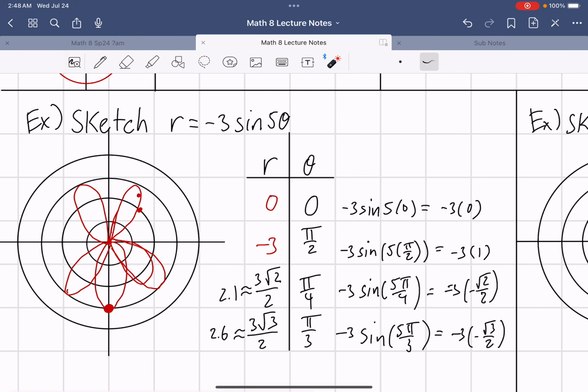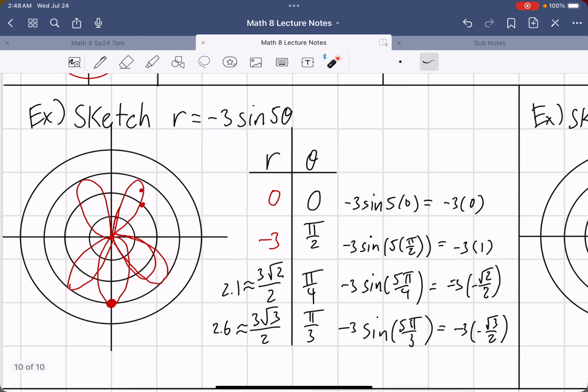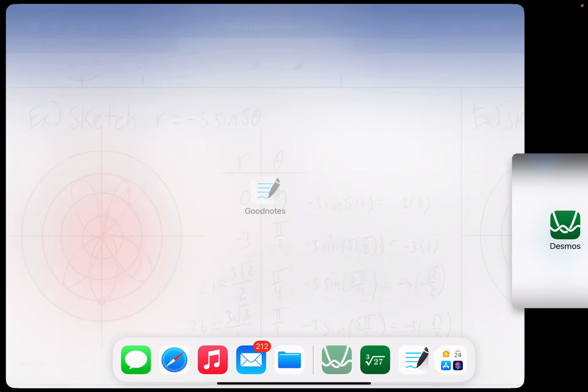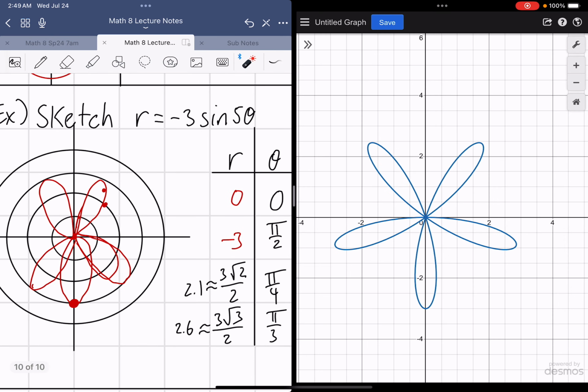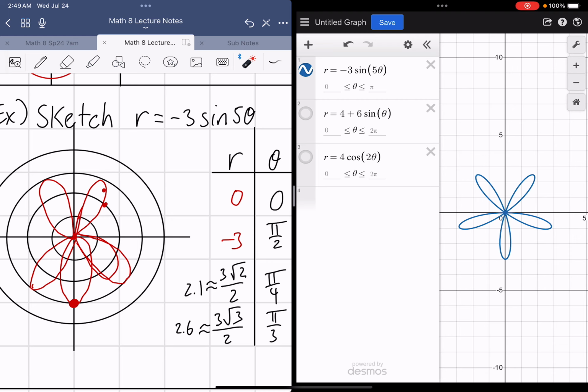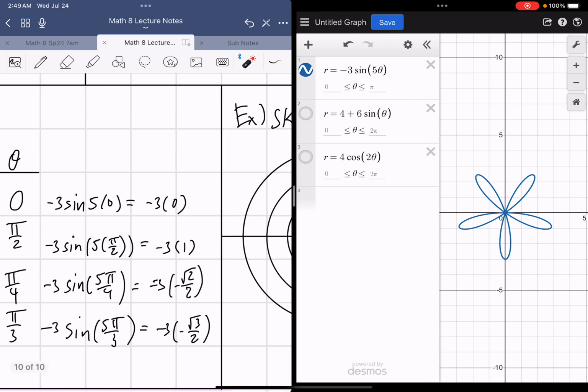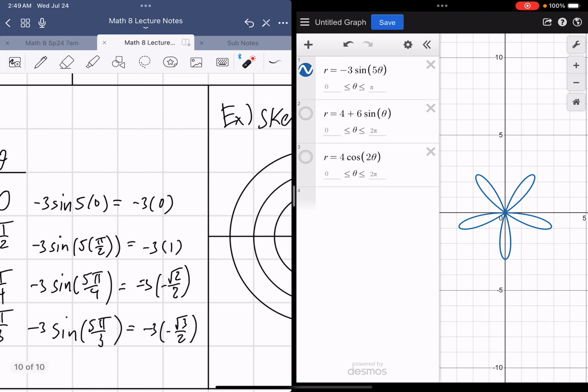Now, is that going to always be the case where you need that many points to help you graph? It's not going to always be the case. Some situations, we can just do it with a couple points, and that's going to be how our next one is going to work a little bit.